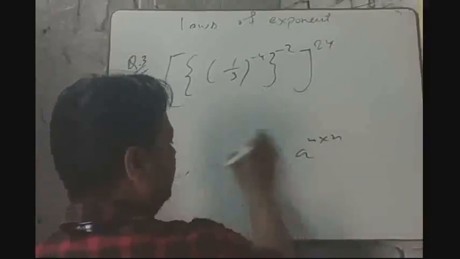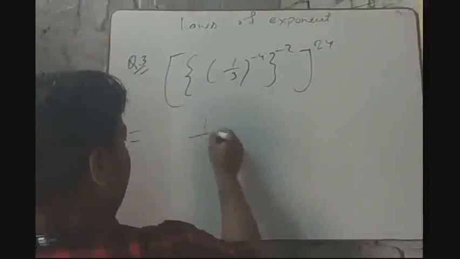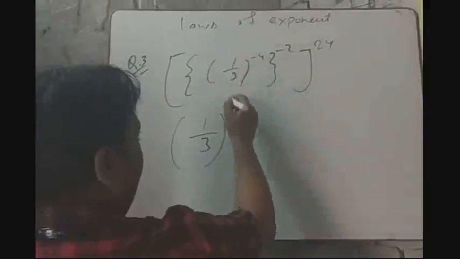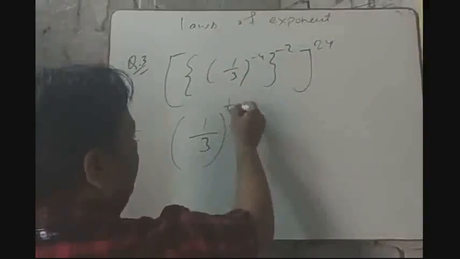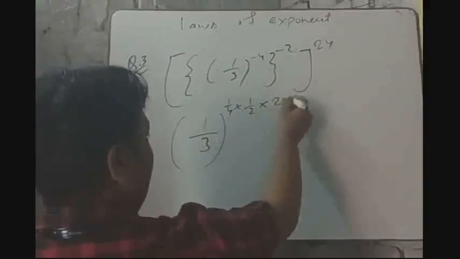Then we will solve it directly. So we will use that law. That is, we will write 1 by 3 and multiply all the power. That is minus 4. So we will write 1 by 4 minus 2. We will write 1 by 2. And for 24 we will write only 24.